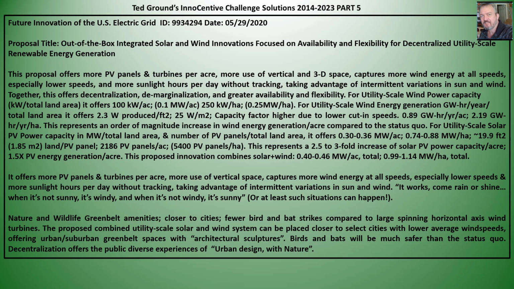And I just want to summarize here the utility scale energy capacities for both wind and solar. For utility scale wind power capacity in kilowatts per total land area, it offers 100 kilowatts per acre, or 250 kilowatts per hectare.